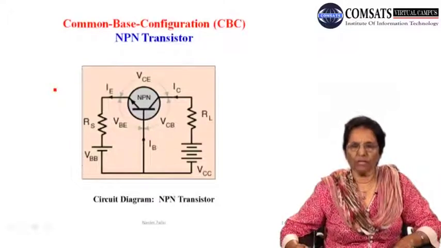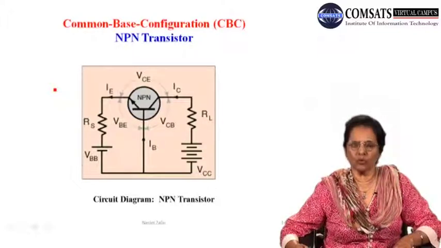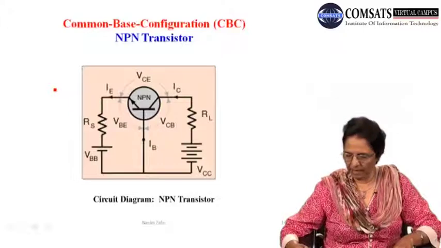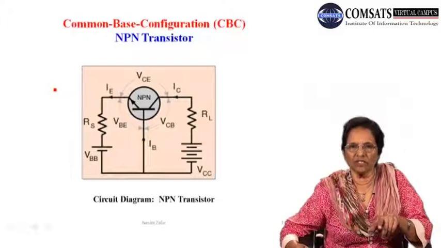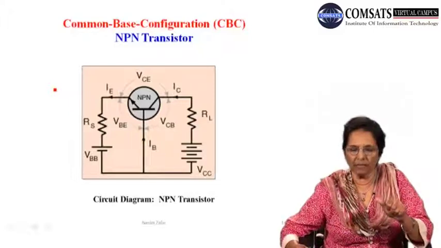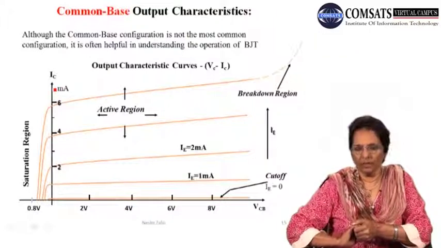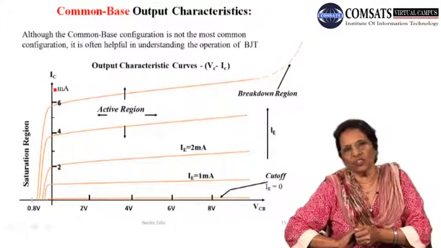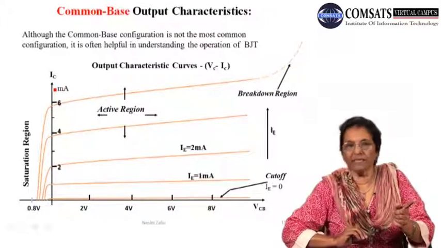Now I will show you another transparency, which is the common base configuration drawn for an NPN circuit, and having seen this biasing mode for the NPN circuit, we can move on to show its output characteristic. So this is the output characteristic, which is slightly different from the one which we saw in slide 11.